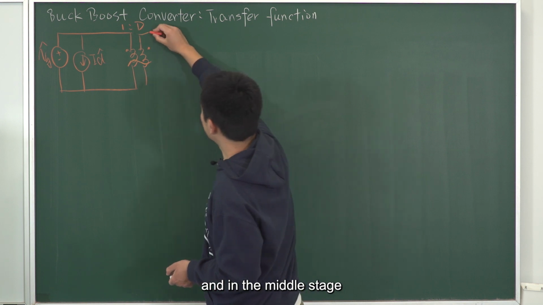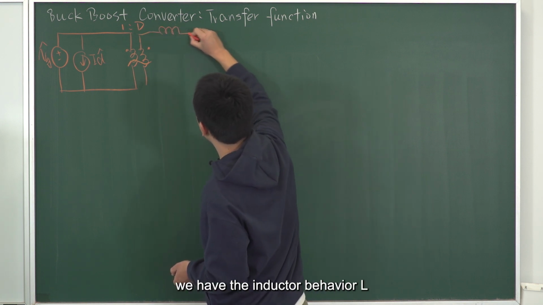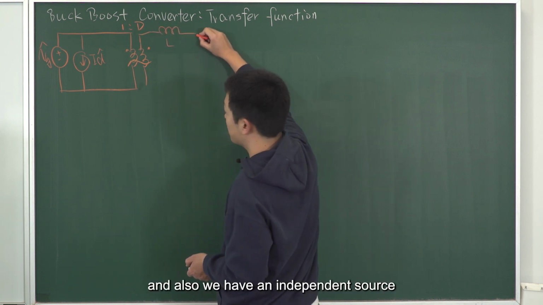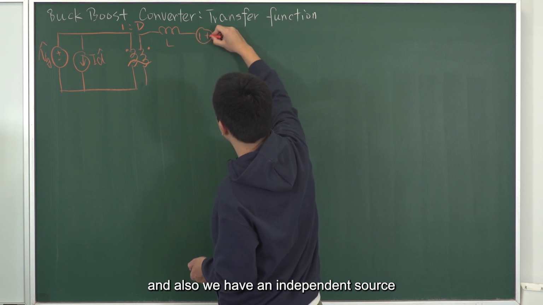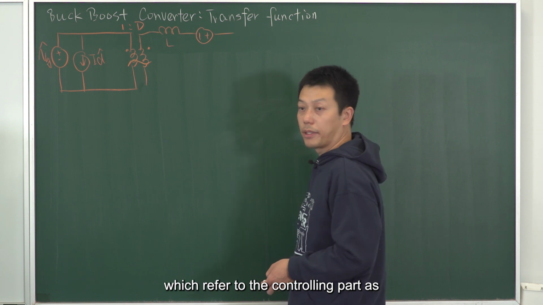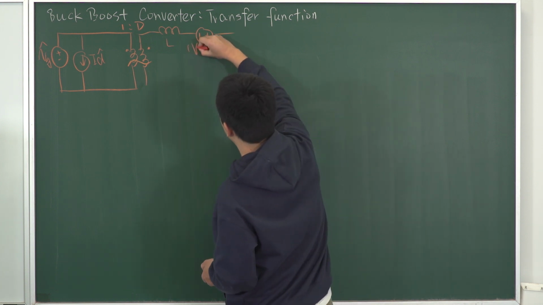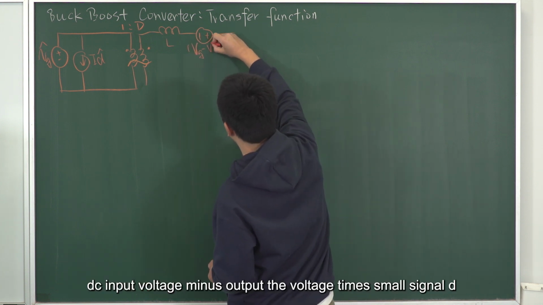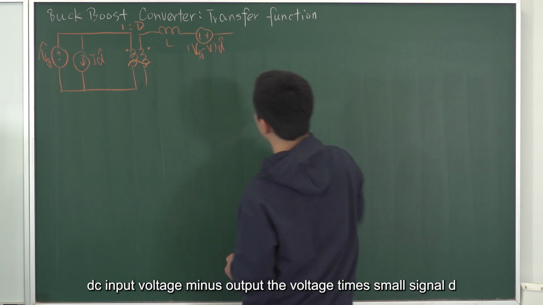In the middle stage, we have the inductor L. And also we have an independent source, which refers to the controlling part, as DC input voltage minus output voltage times small signal d.